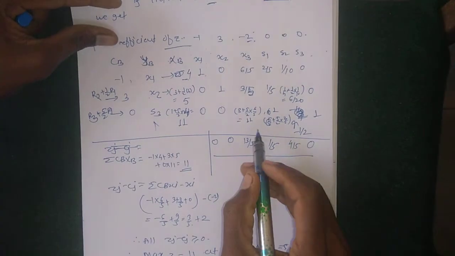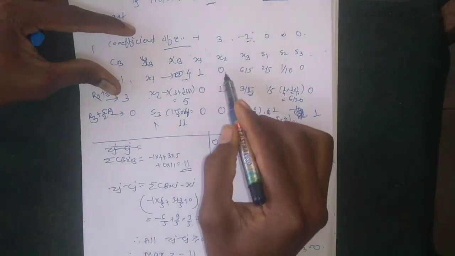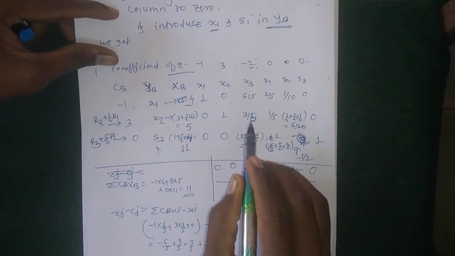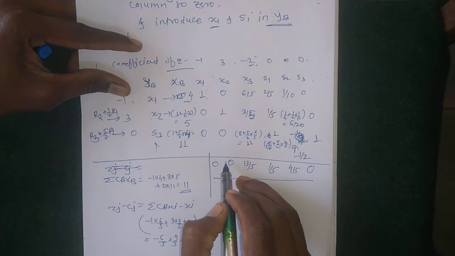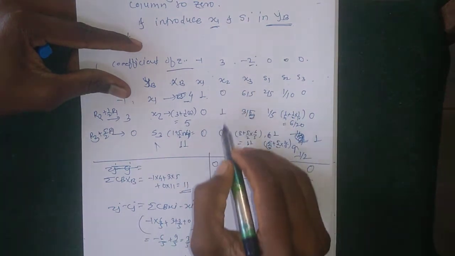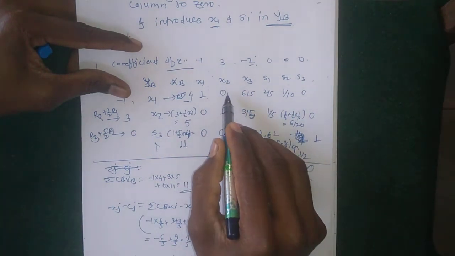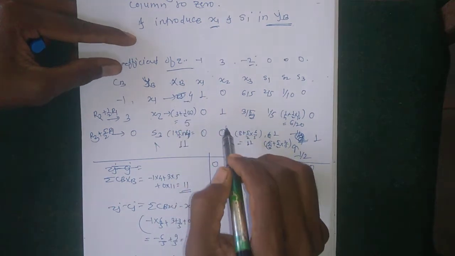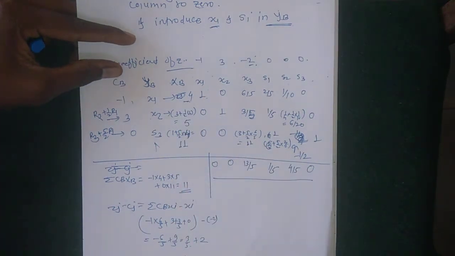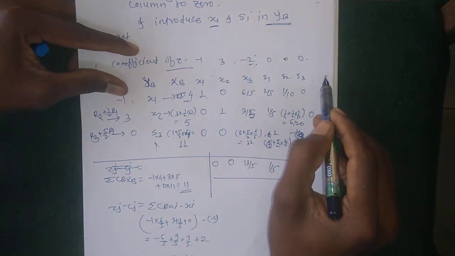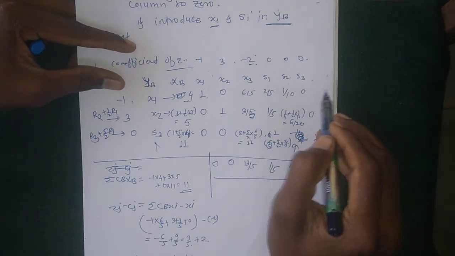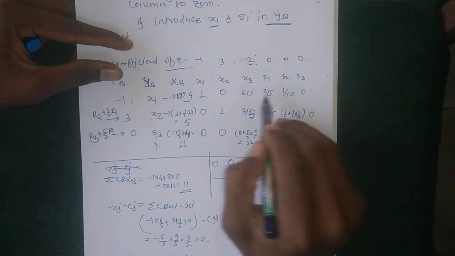Suppose that x2 is the key column and all entries of x2 are negative, then we say that the given LPP has an unbounded solution, because all ratios are negative, so there is no finding the key row.